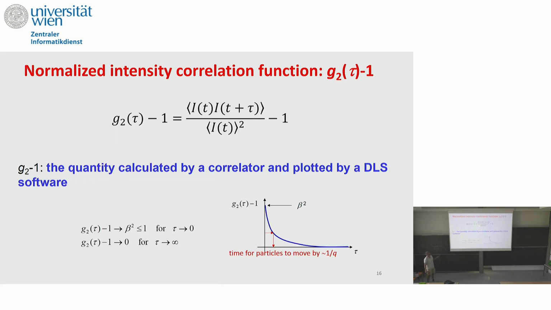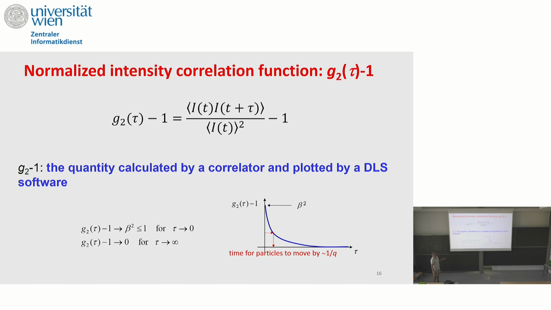Normally, people don't like working directly with this correlation function because it is not a normalized quantity. So you will just normalize this way and you subtract 1. This is because if you do things this way, your intensity correlation function goes from something that is setup dependent, not very important, close to 1, and it decays all the way to 0.